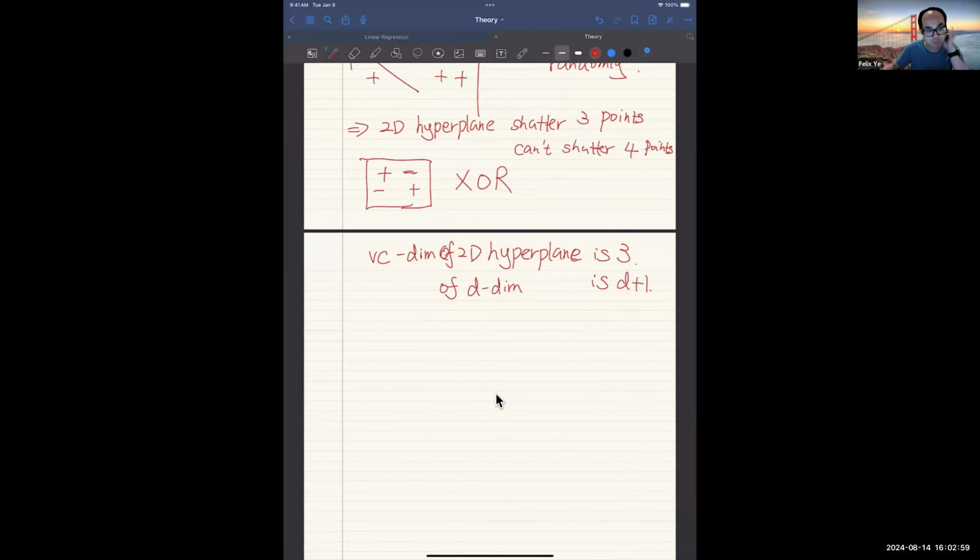But sometimes it's perfectly possible to have infinitely many dimensions with only 2 parameters. For example, a sine wave, h(x) equals a times the sine of bx. It has infinite VC dimension with only 2 parameters, because you can shatter almost any random set of 1D points.